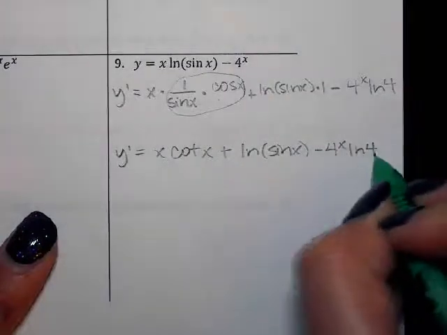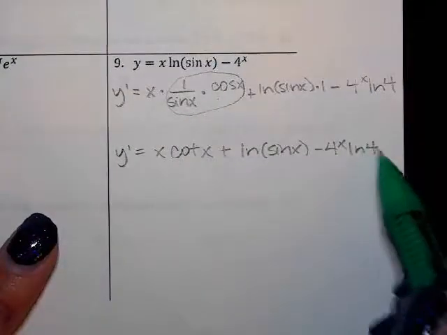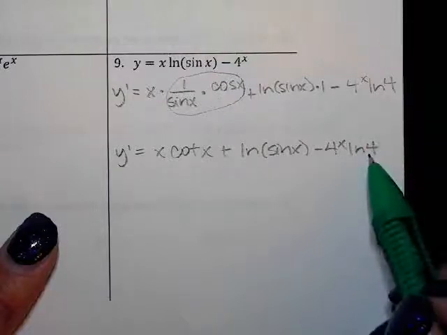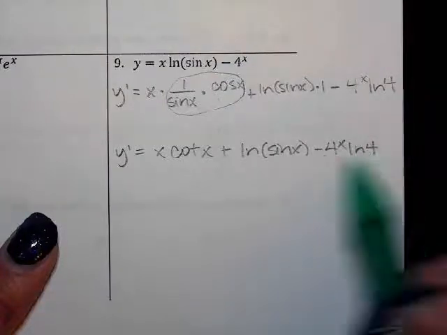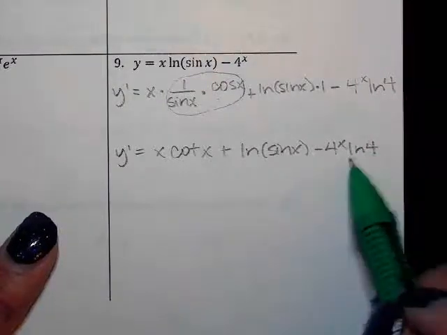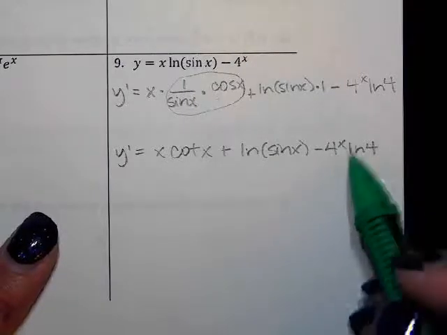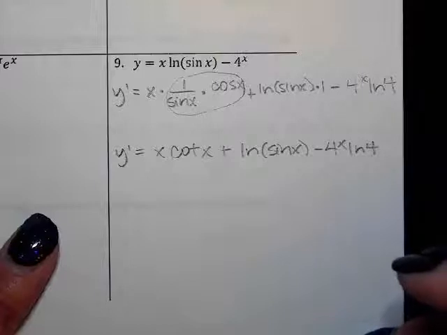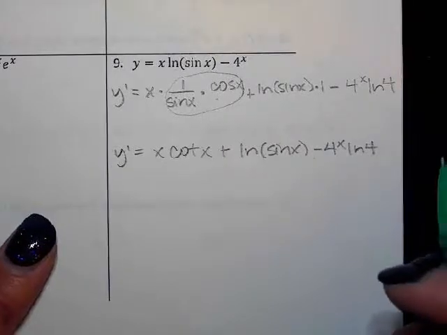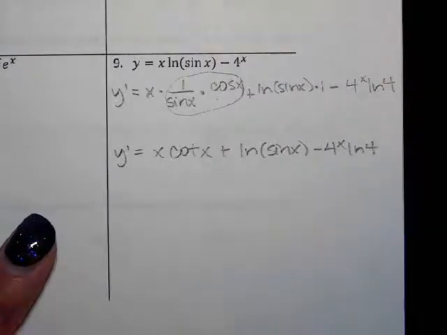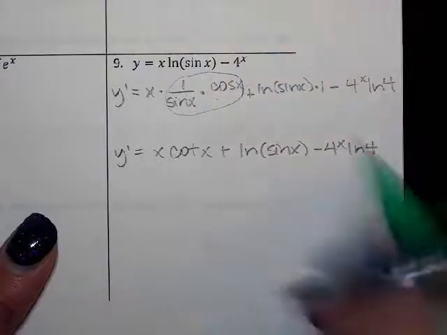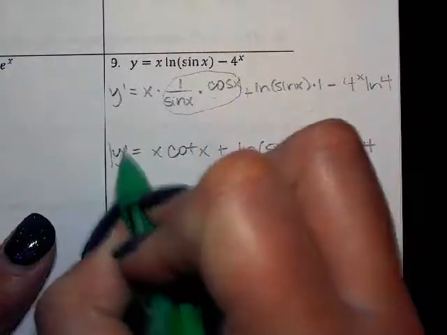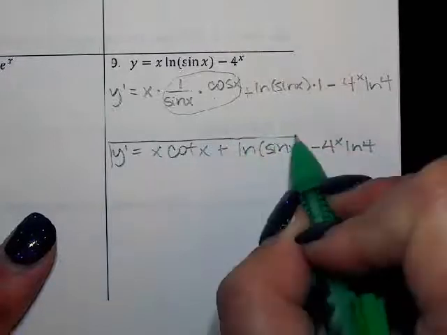Yeah, and I think ln 4 is a number, which makes it kind of like a coefficient, and I think the reason they stick it on the end instead of in the front is because ln 4 times 4 to the x is a little bit strange, or it just is not comfortable to, something funky about it. It feels off somehow, so it's not wrong. You can write it, but it just feels a little bit off. All right, there we go.